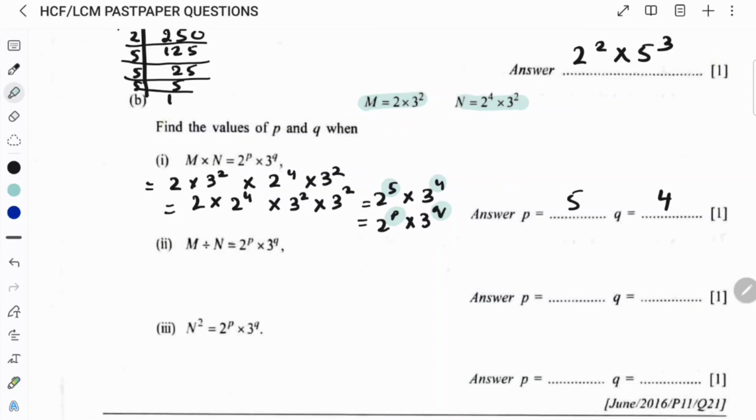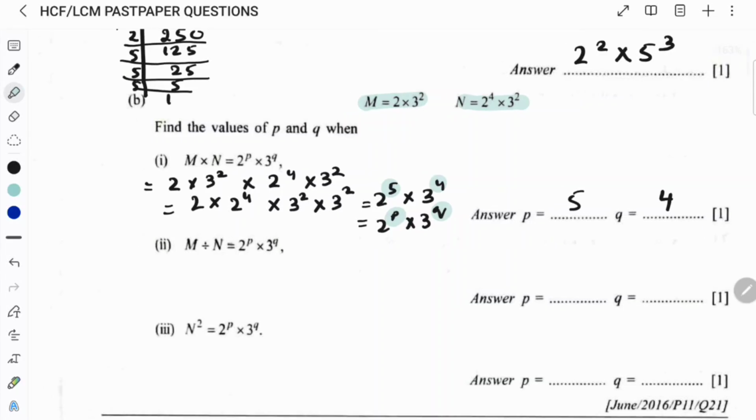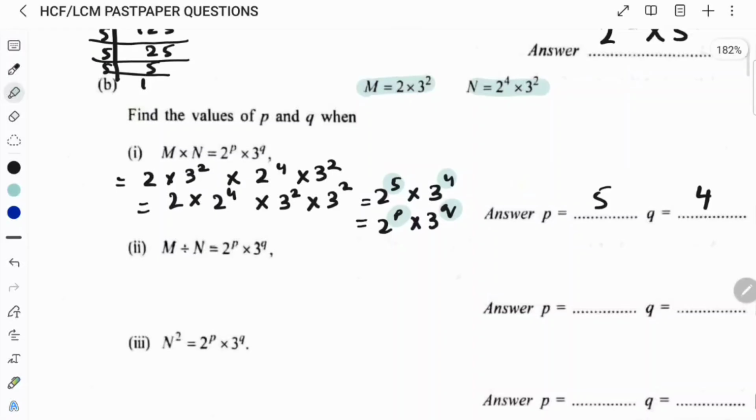Alright, m divided by n, in part 2, m divided by n equals 2 to the power p multiplied by 3 to the power q. It means we are going to divide this. So m is 2 times 3 square, and n is 2 to the power 4 times 3 square.